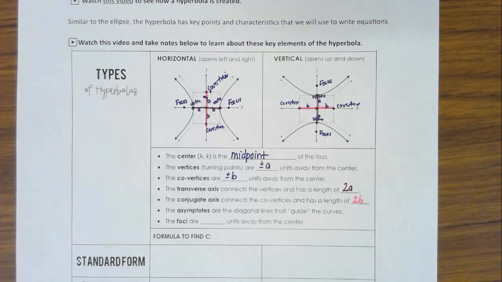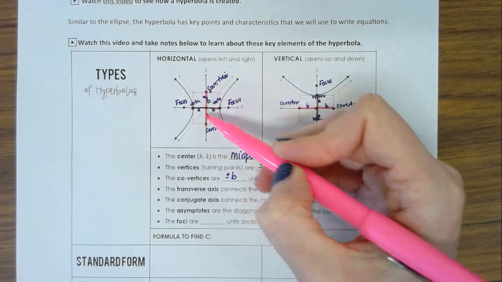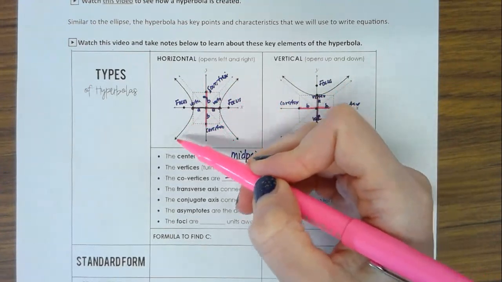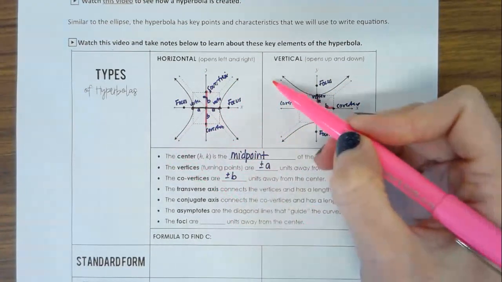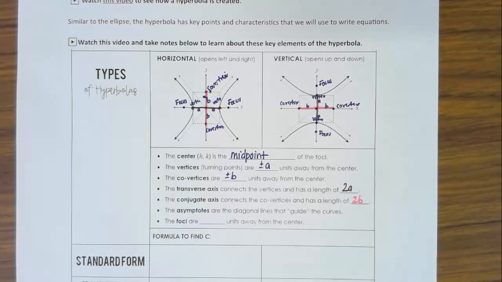And so as I'm approaching this here, what I can see is I get these two intersecting lines that my branches want to approach. And they look kind of the same whether we're looking at one graph or the other. So the asymptotes are these diagonal lines that guide the curves. And we're going to be able to use our values for B and A to write the equations of those asymptotes. And we're going to look at that in a few minutes.